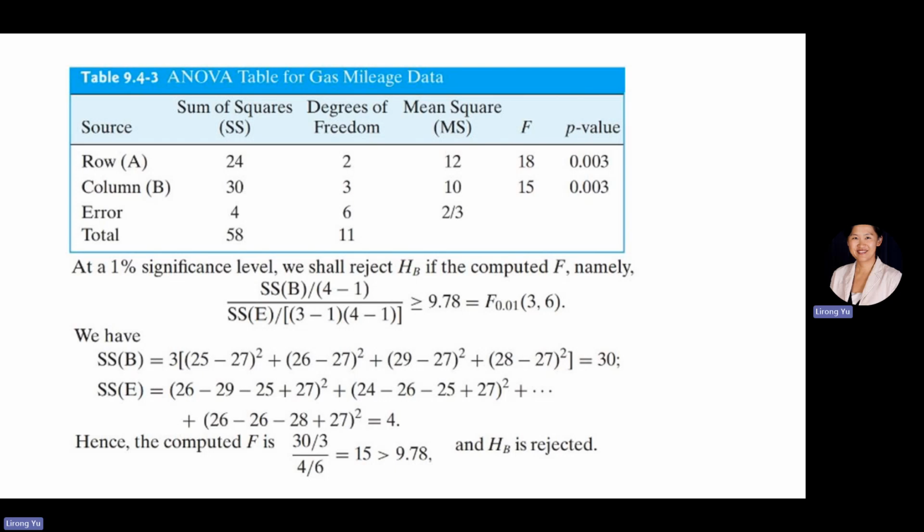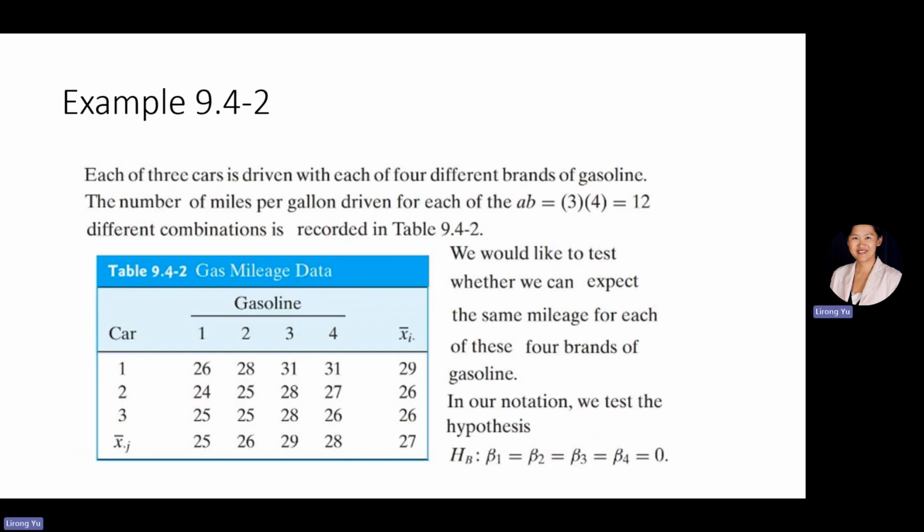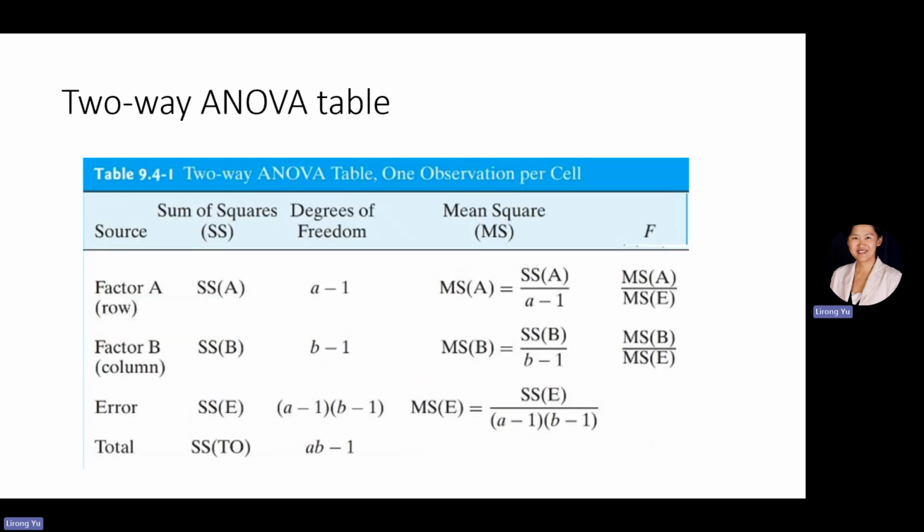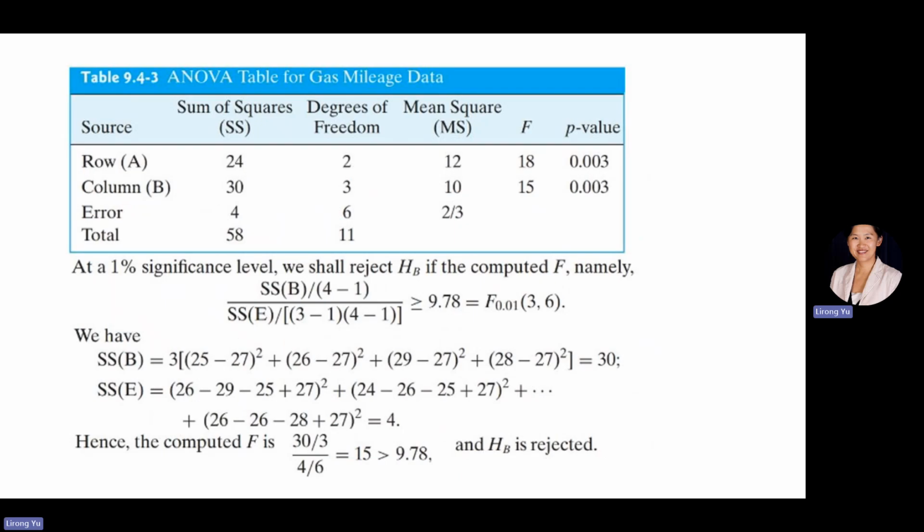For example, the summation for A is calculated by taking the row effect, 29 minus 27, and you square, and then 26 minus 27 squared, 26 minus 27 squared, and then you have to times 3 for that. And then that's how we get the summation of squares for A, which gives 24.